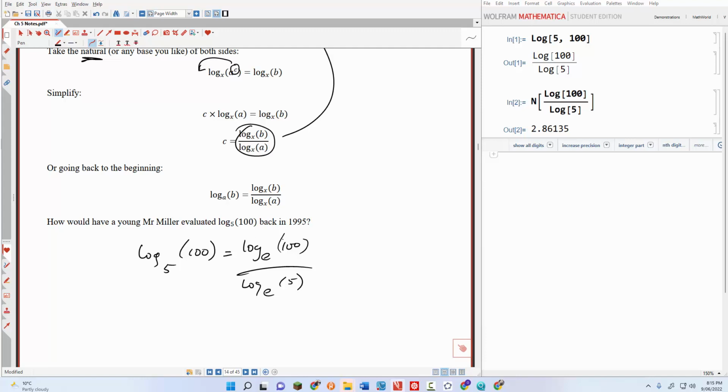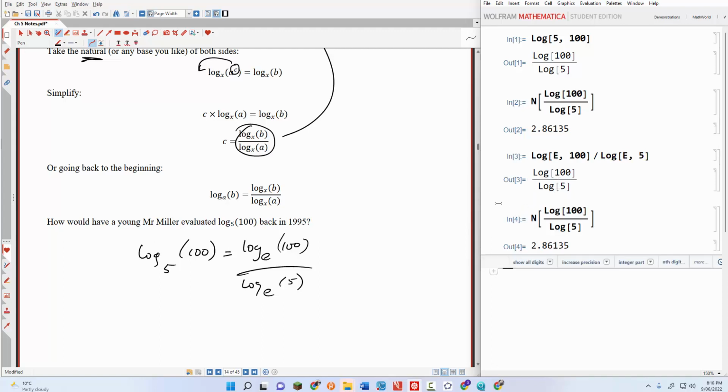So this particular answer, if I do this, I'll show you on Mathematica, I'll do it right now. So I'm going to go log, and to use base e you put a capital E in, 100 over log e 5.